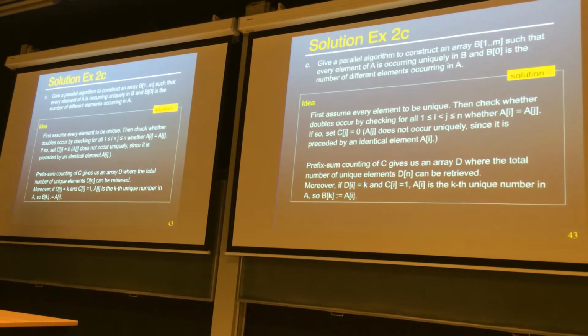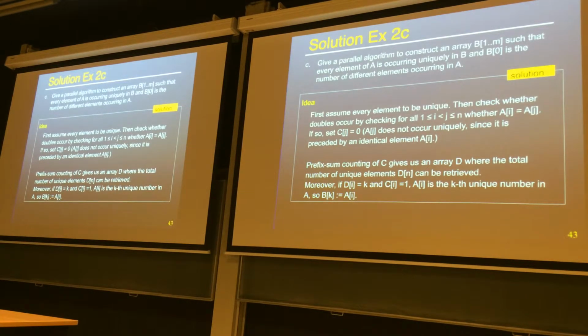Then if you give a prefix counting of C, you exactly count all the unique elements, because the other elements are all equal to 0. So if you do a prefix counting of C, you get an array D, where the total number of unique elements occurs in Dn.